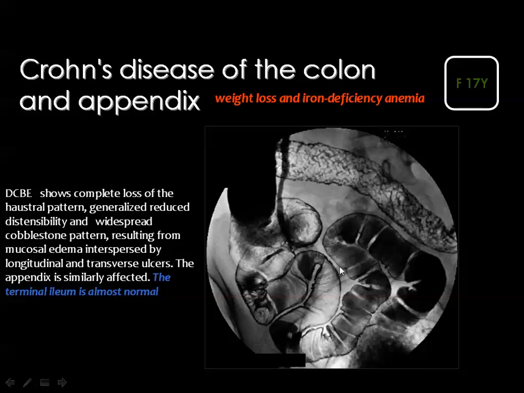This is the terminal ileum, which is markedly attenuated in caliber, and you see the transverse colon with a coarse appearance of the mucosa. Sorry, this is the appendix, which is affected by Crohn's disease, and this is part of the colon, which shows the classic prominence of the mucosa.